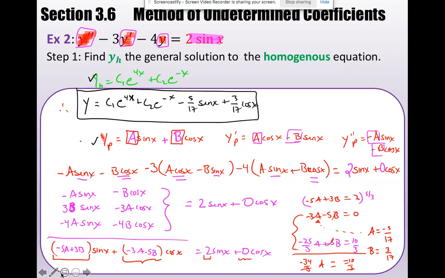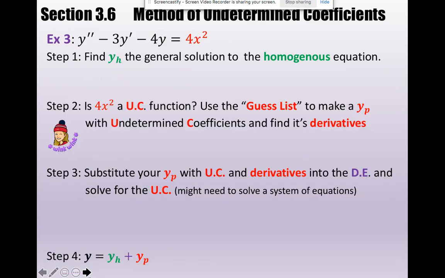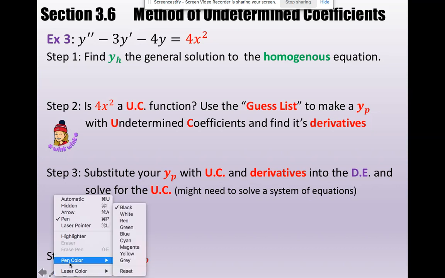Let's do another one. So think about our guess list. I did an example where the right-hand side of the differential equation was an exponential. Now I did it when it was sine, same process if it was cosine. What am I going to do now? Polynomial. Same homogeneous equation.